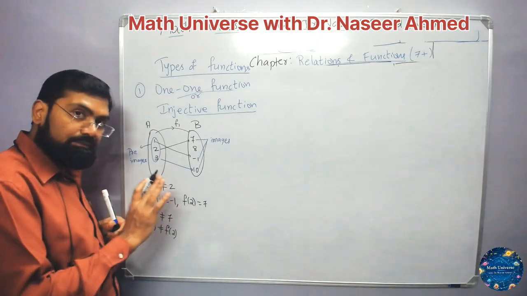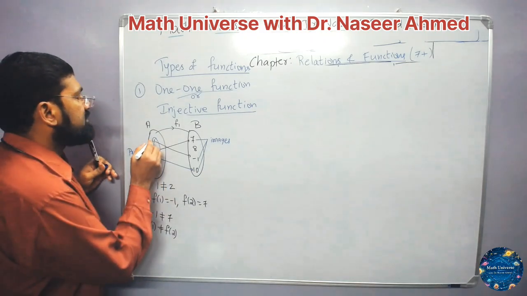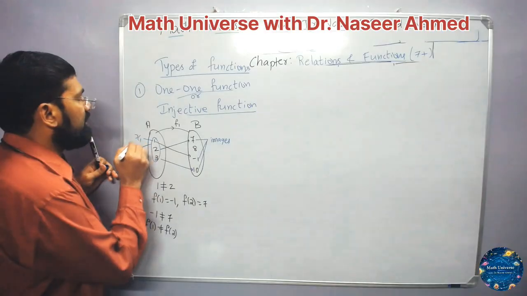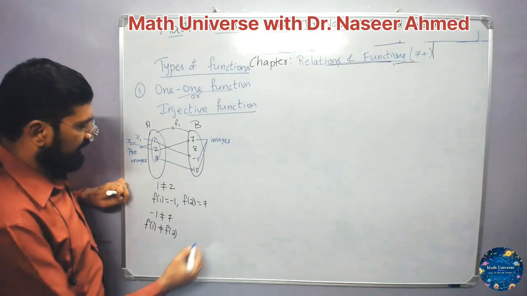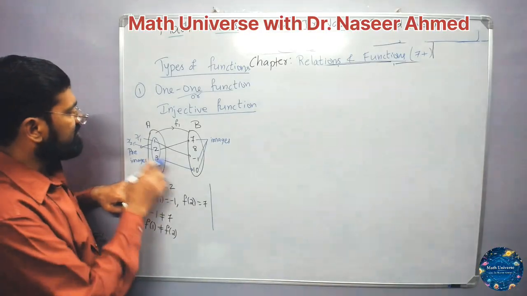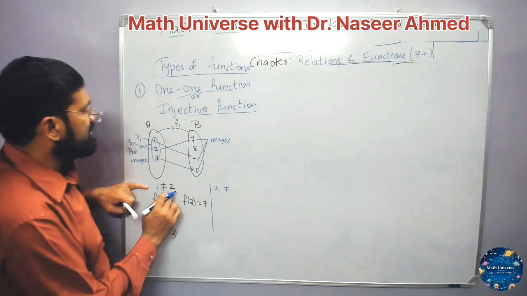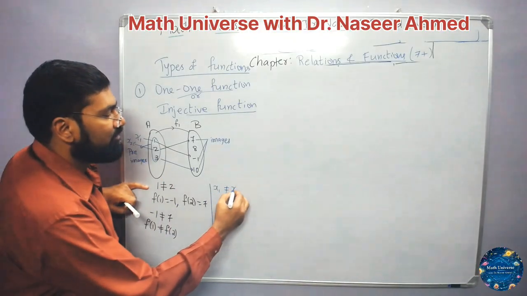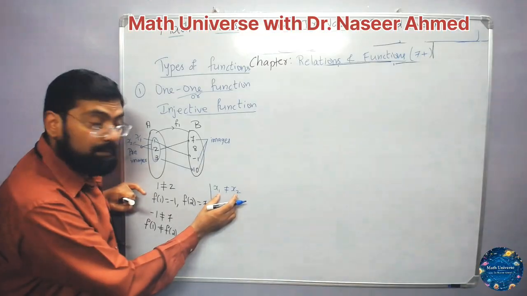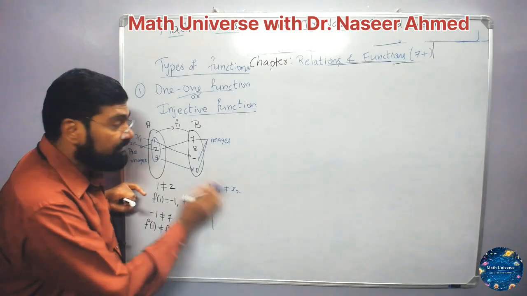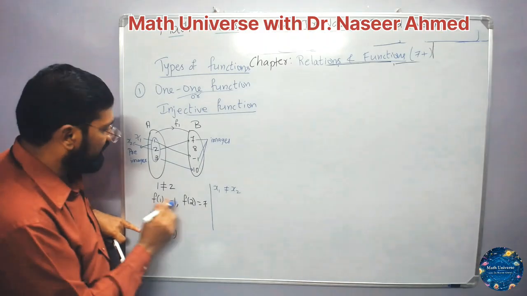Try to understand what I am trying to make you understand. If I assume for a while 1 is x1 and 2 is x2, then x1 is not equal to x2. So what am I saying here? If pre-images are different, then their images should also be different.